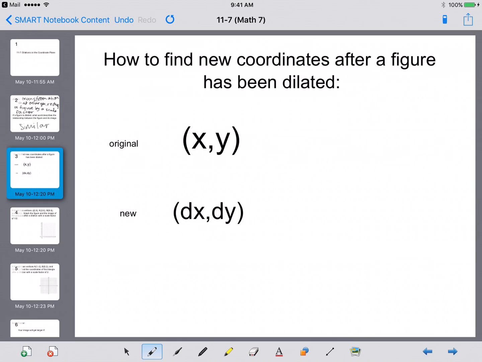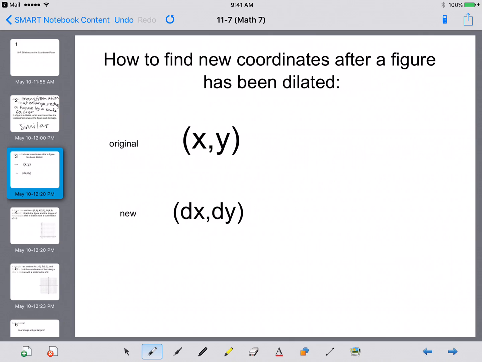So here in our next slide, it says how to find new coordinates after a figure has been dilated. So what you do is you take your original coordinate, and our new one says dx, dy. What d stands for is the dilation.